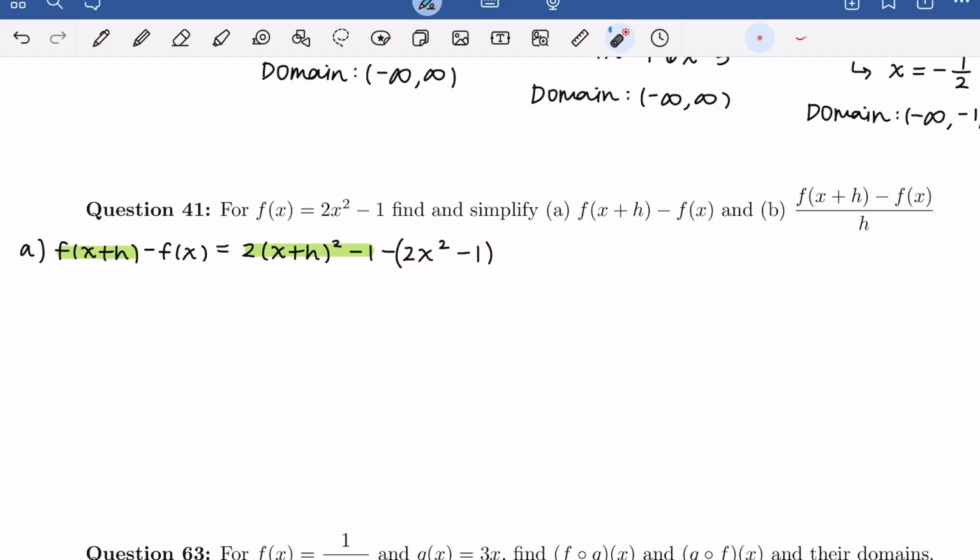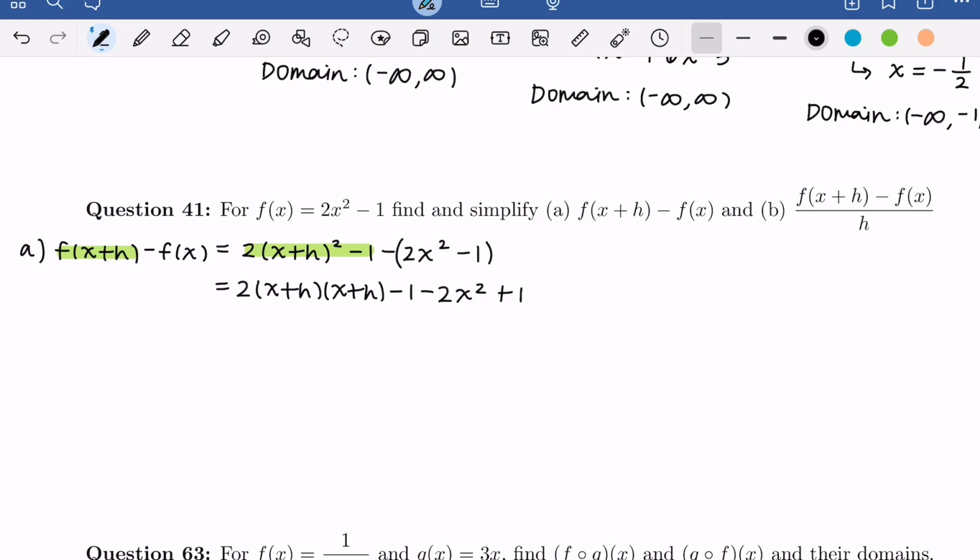All right, so from here, let's simplify this a little further. We're going to have this 2 on the outside, but then we have x plus h squared. Well, this is the same thing as x plus h times x plus h. We still have this minus 1 here, and then we know that this minus is going to be distributed to both terms in here. So we're going to have a minus 2x squared and a plus 1.